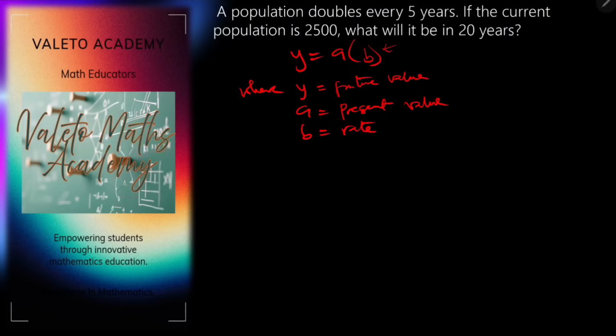We can also use r, remember, either we use b or we use r depending on what we want to get, depending on the question actually. And t is what? The time.